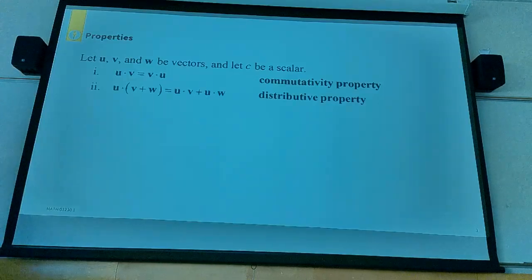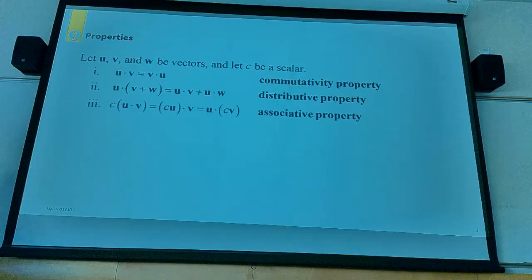The dot product distributes across vector addition. The order in which you do a scalar multiplication does not matter.